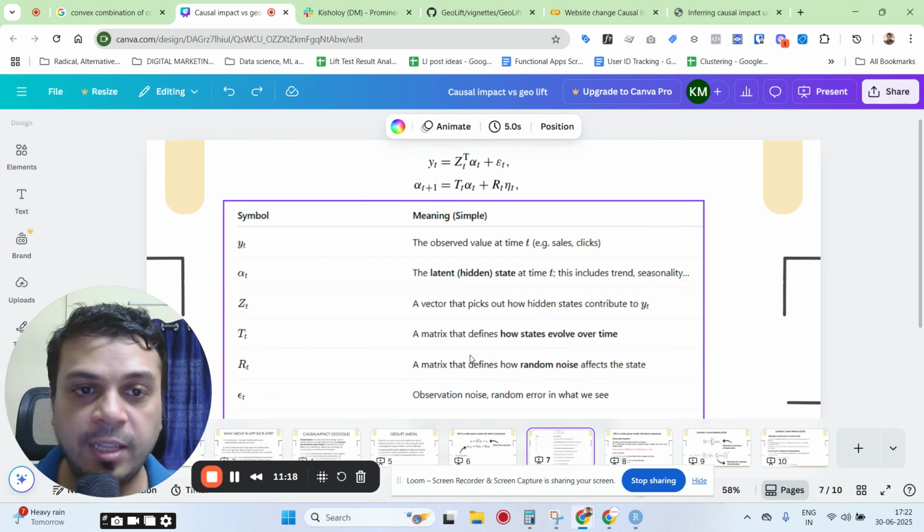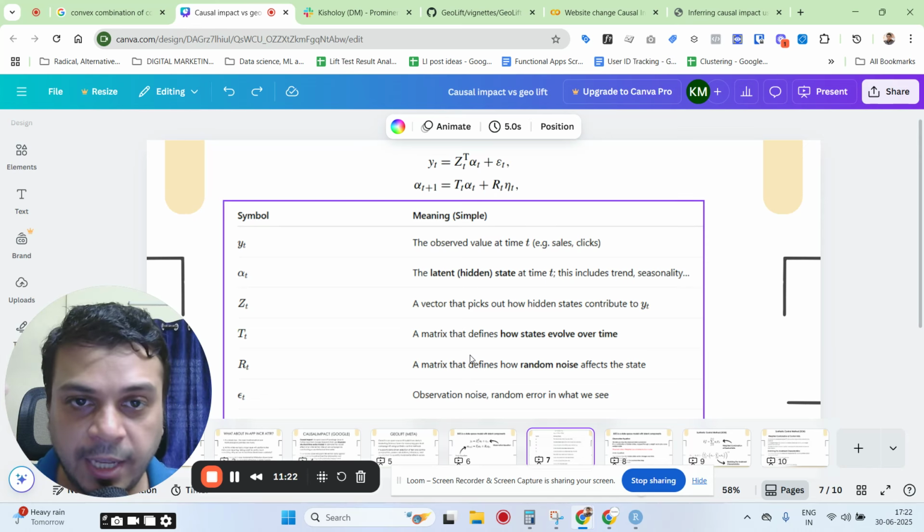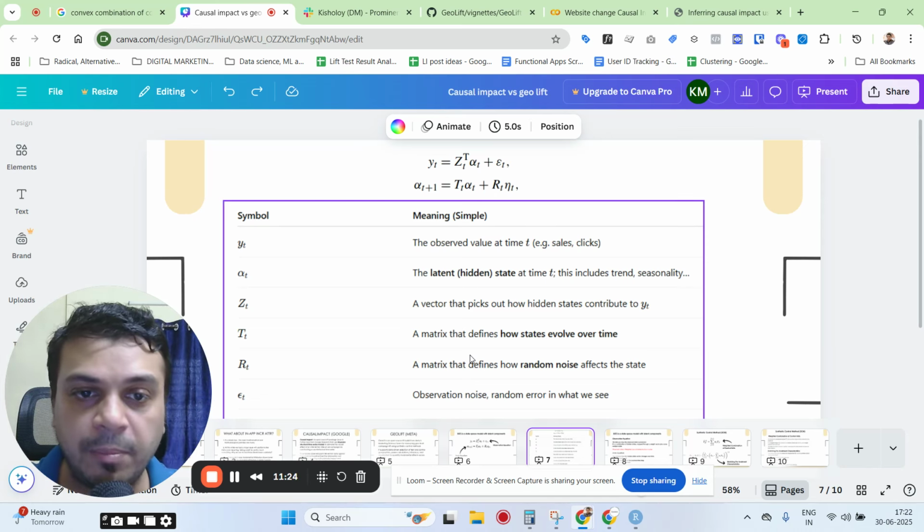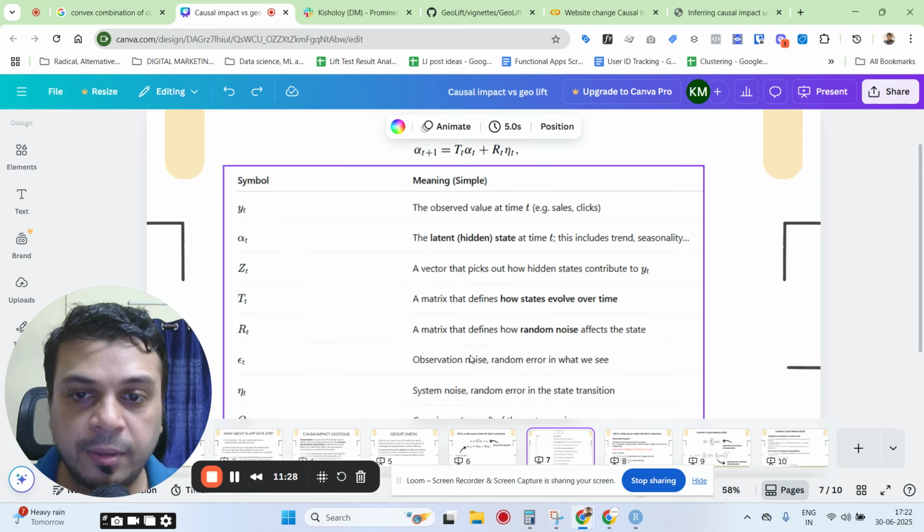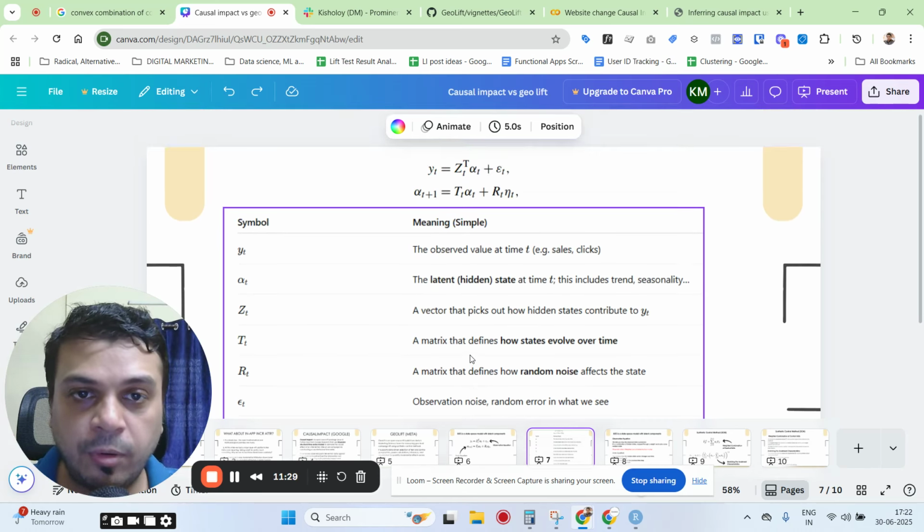So these things, the trends and seasonalities, have themselves been taken as things which evolve over time, not as time independent. And then your R here is another coefficient, again a matrix, which defines how random noise affects the state. So that's your coefficient which explains the effect of noise on how the hidden state actually affects the ultimate observed value.